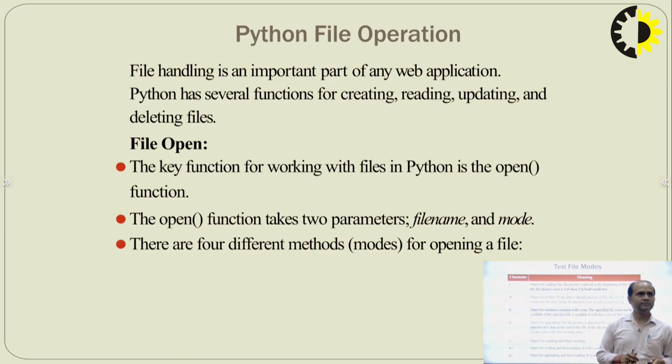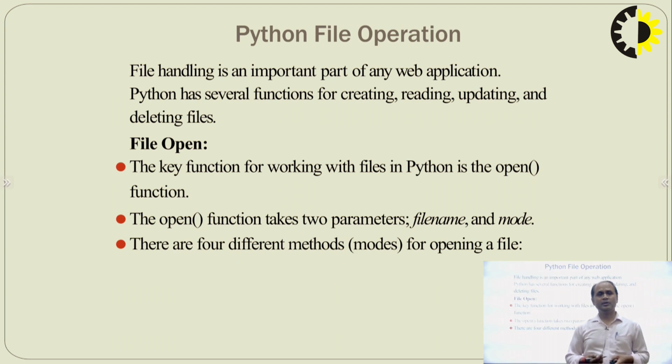So what are file operations? Why are they used? Why are they important in Python or any other language? File operation is basically an important part of any web application or any desktop application, because everything is in files.